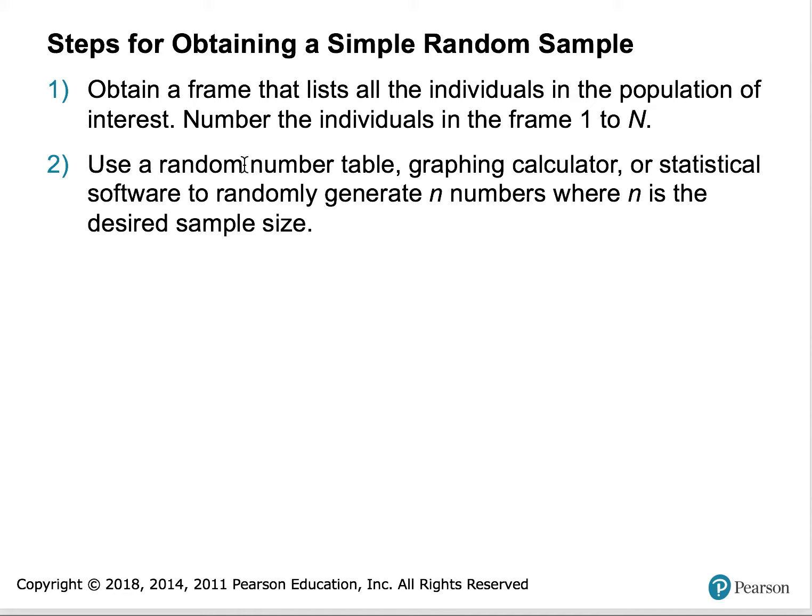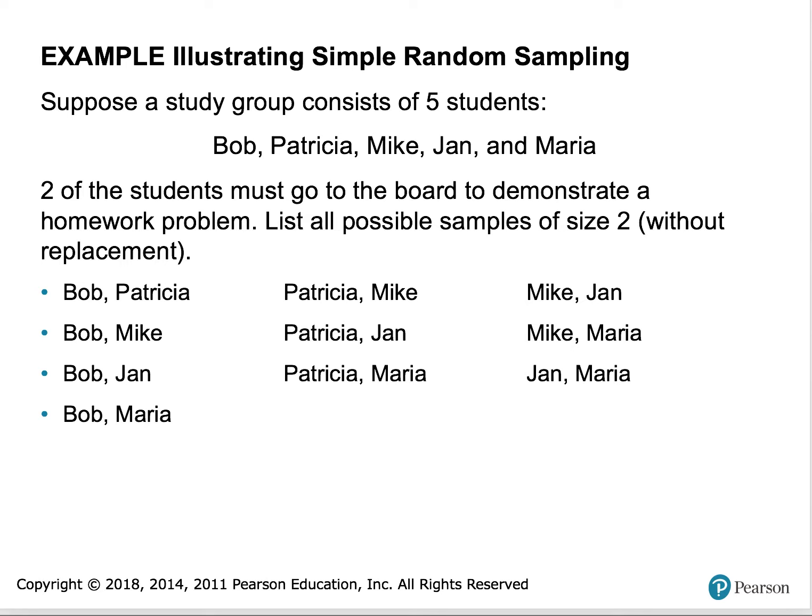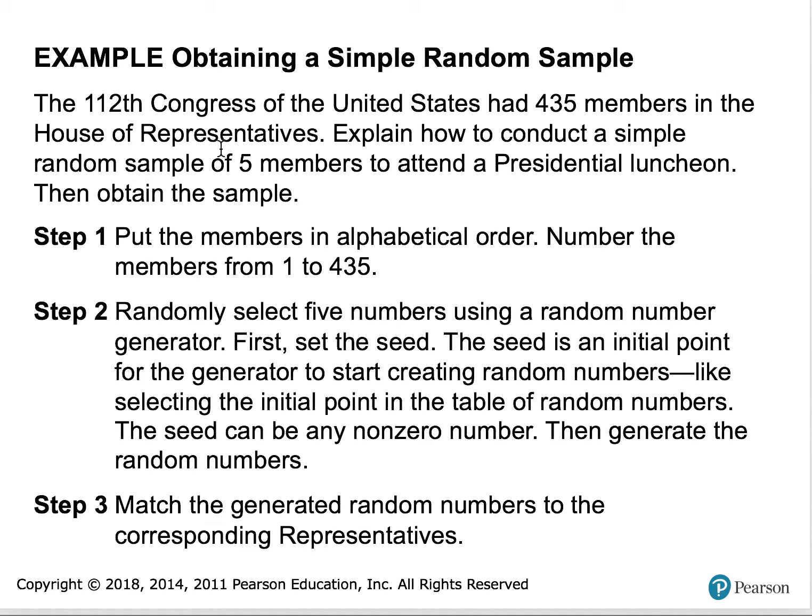And then we're either going to use a random number table, a calculator, or some kind of statistical software to randomly generate n numbers, where n is the desired sample size. And of course, we're going to use a graphing calculator. We're not going to talk about that in detail right now. We're just talking about what it means to be a simple random sample. List all your individuals in the sample.